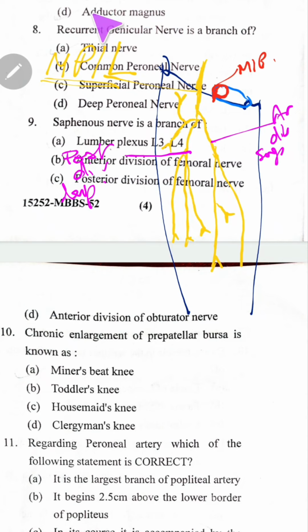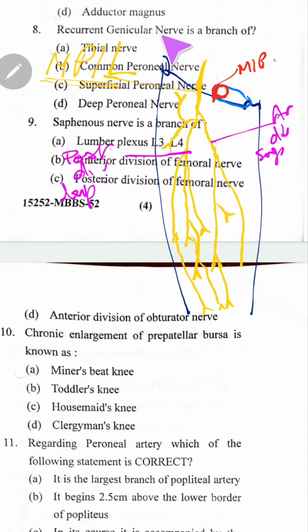And the nerve to vastus intermedius also gives a branch to which muscle? A small little muscle, and that is articularis genu. And the nerves to the three vasti also descend down to supply the knee joint as well.